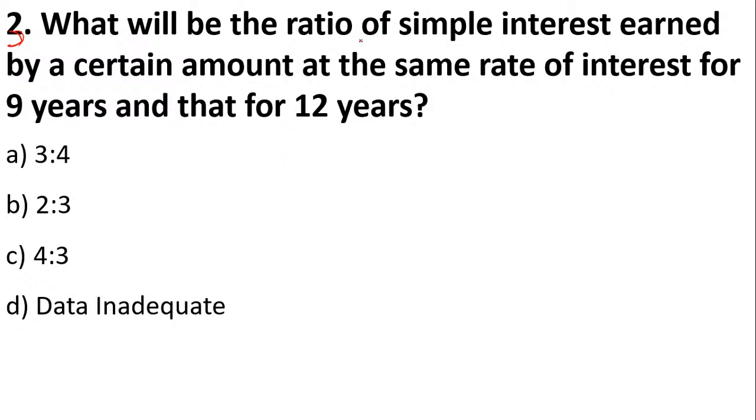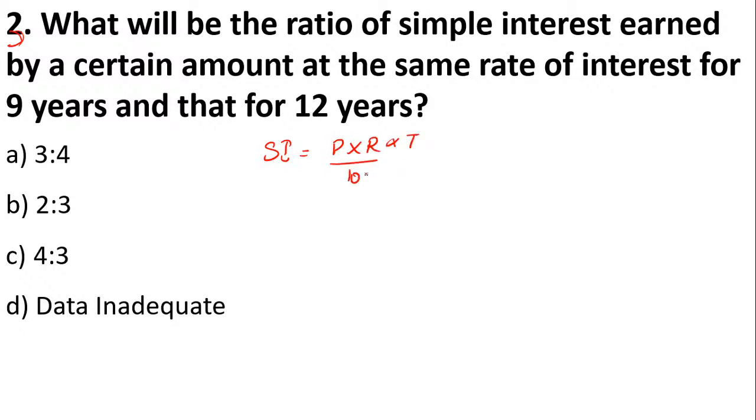They are asking you the ratio of simple interest on a certain amount. What is the ratio of the simple interest earned? So simple interest formula is P into R into T upon 100.